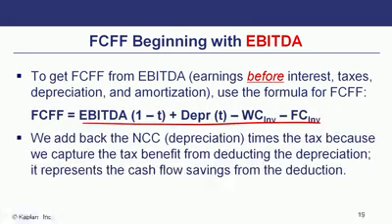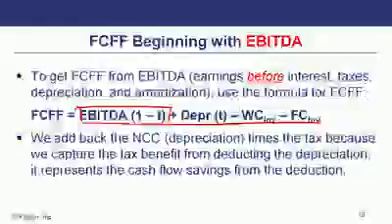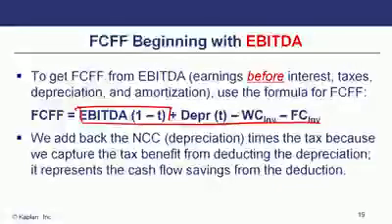However, while EBITDA already added it back because it's earnings before the depreciation, the problem is that we still had essentially a tax savings on that depreciation, which does represent cash. So we have to make that adjustment.